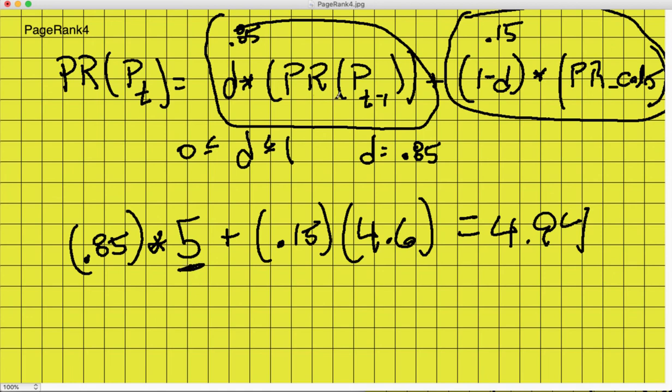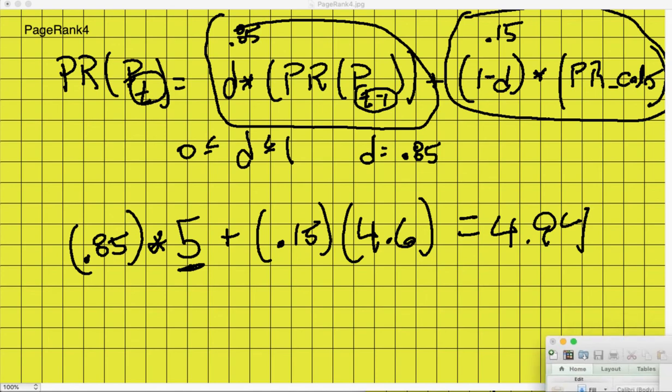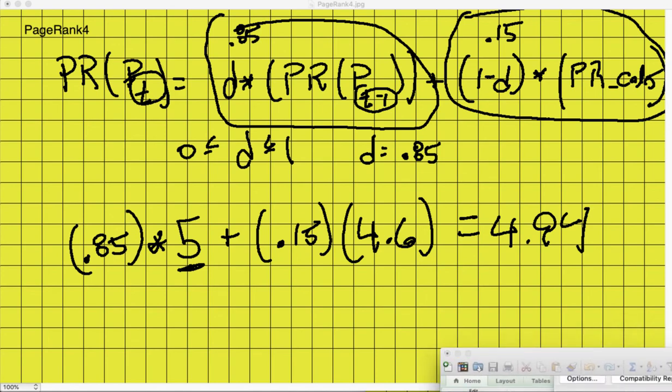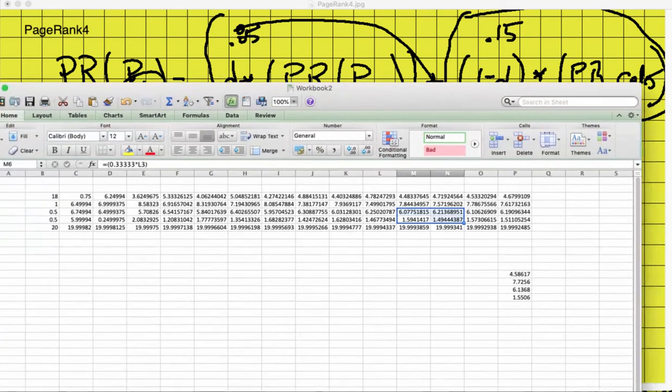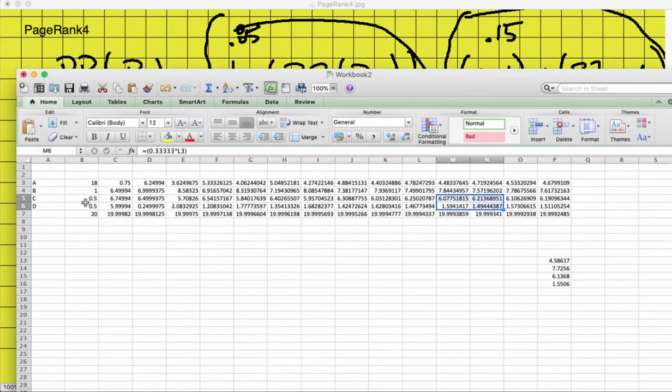I hope there's no confusion in what's going on here between these subscripts. Remember, what I am demonstrating right here is the recalculation of the page rank for one generation.